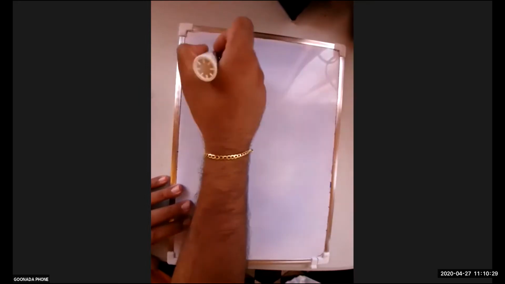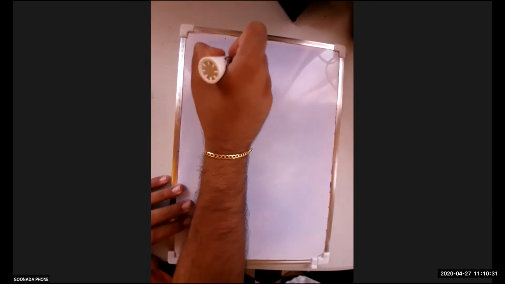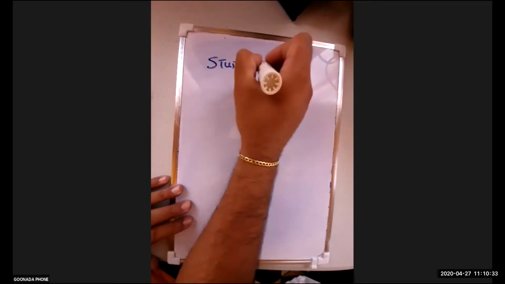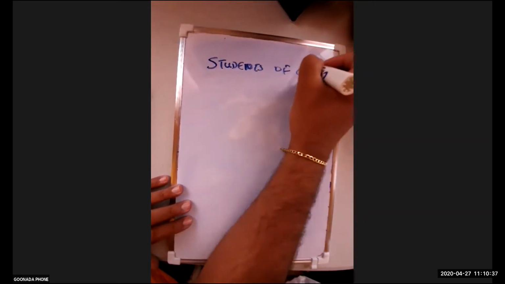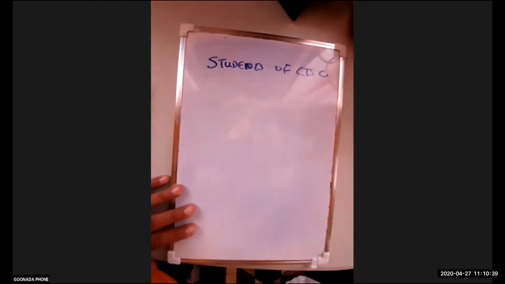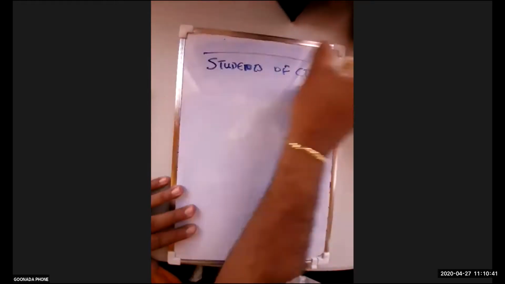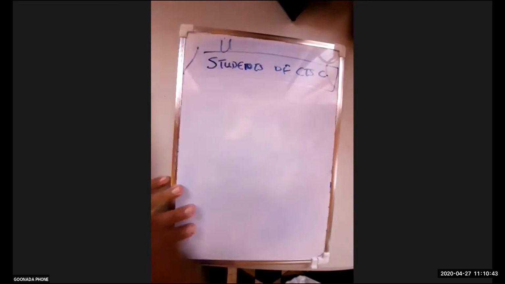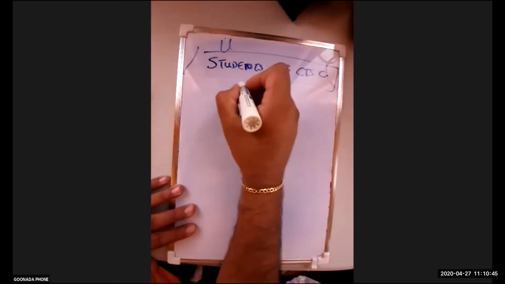So let me give you an example of a universal set. A universal set, let's call it students of CTS College, right? This will be the universal set, right? And within this set, we have subsets.